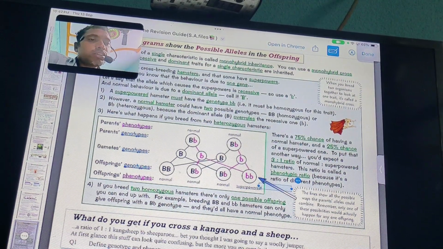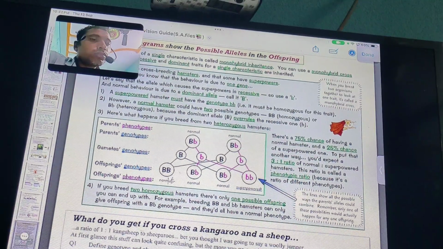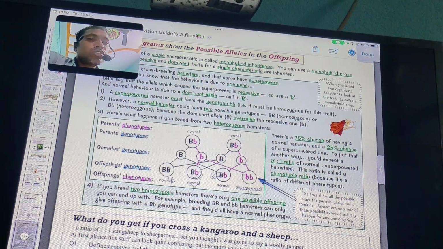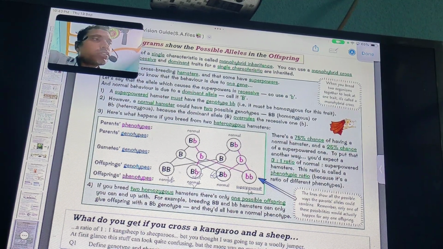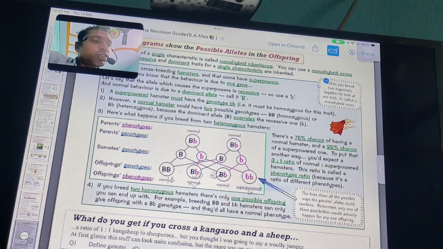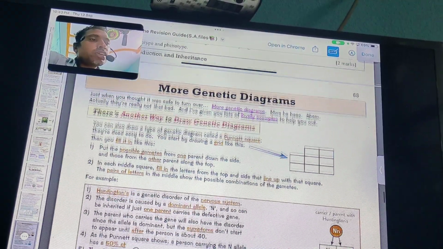The normal is only one, and the capital B is the two. The two homozygous parents can only produce the possible offspring. These are more genetic diagrams like that.